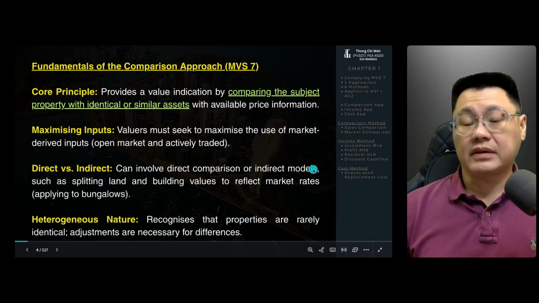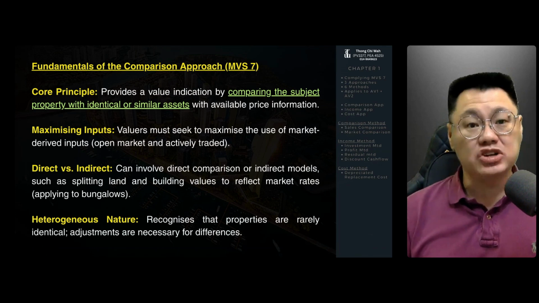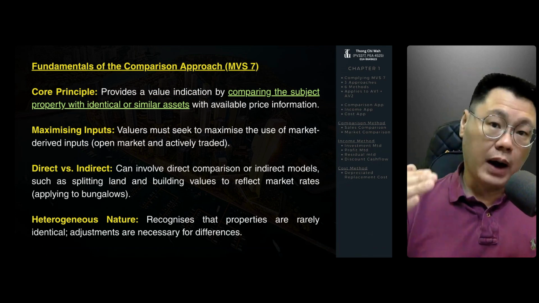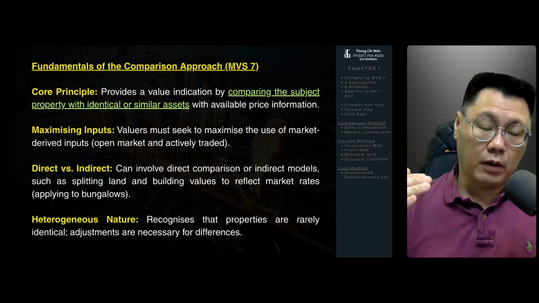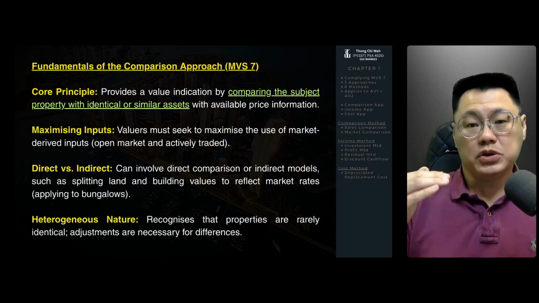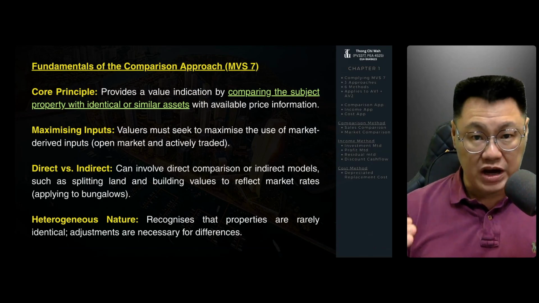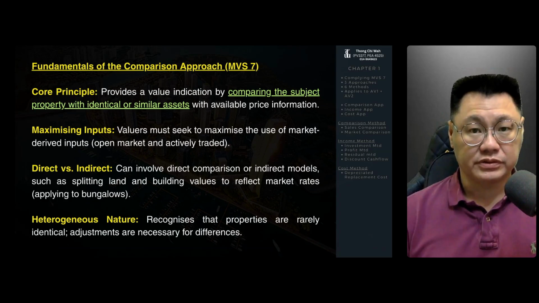The maximizing input. The valuer must seek the maximum use of market-driven inputs. Based on MVS 7 for the comparison approach, using the comparison method calculation, you are to use open market and actively traded property comparables.